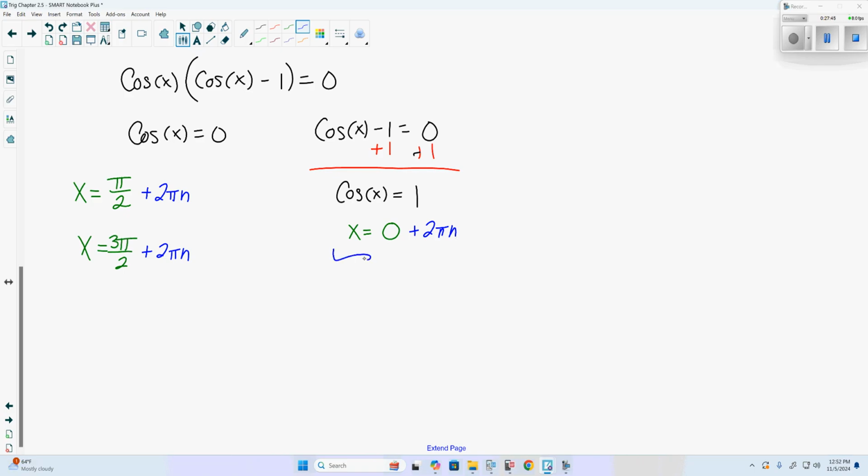And yes, 0 plus 2 pi n we can just write as 2 pi n. If it told us it's between 0 and 2 pi, we're just looking at 0, pi over 2, 3 pi over 2. If it wanted all of them, we have to add the 2 pi n back in. Questions on this here? All right, we'll wrap this up tomorrow.